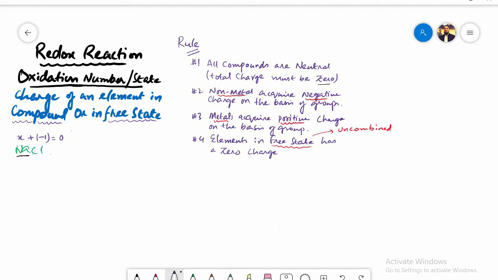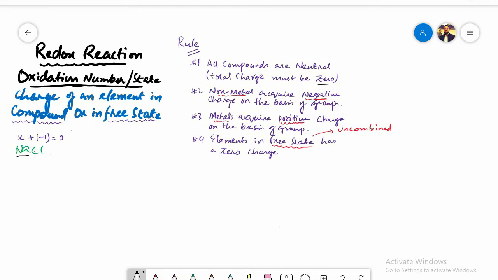So we have just made the equation x plus (minus 1) equals 0, that shows the oxidation state of sodium when added to the oxidation state of chloride gives 0. Technically this is your rule number 1, because it says all compounds are neutral, the total charge must be 0. So just calculate the value of x.